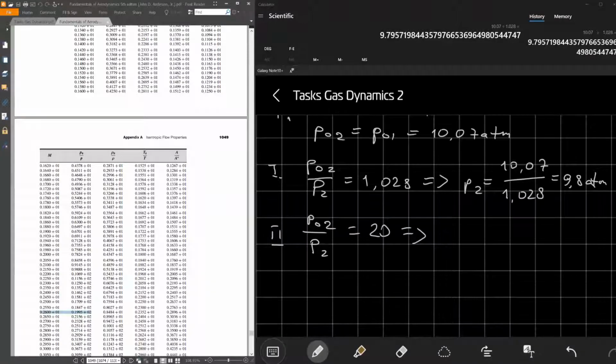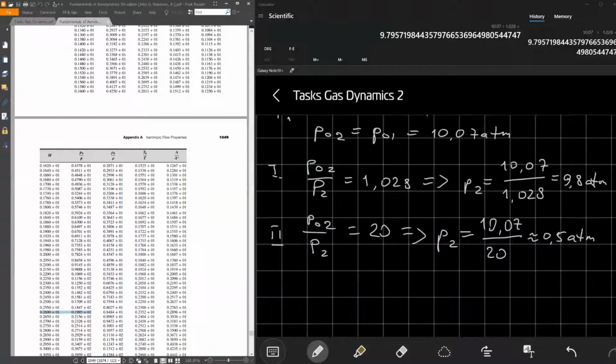And now we find P2 the same way as we did before. I will divide my stagnation pressure by this coefficient, 20, and it's basically how much? It's 0.5, right? Approximately 0.5 atm. We can use a calculator to find a more precise value, but just to show you the idea, I think 0.5 is more than enough for the answer.